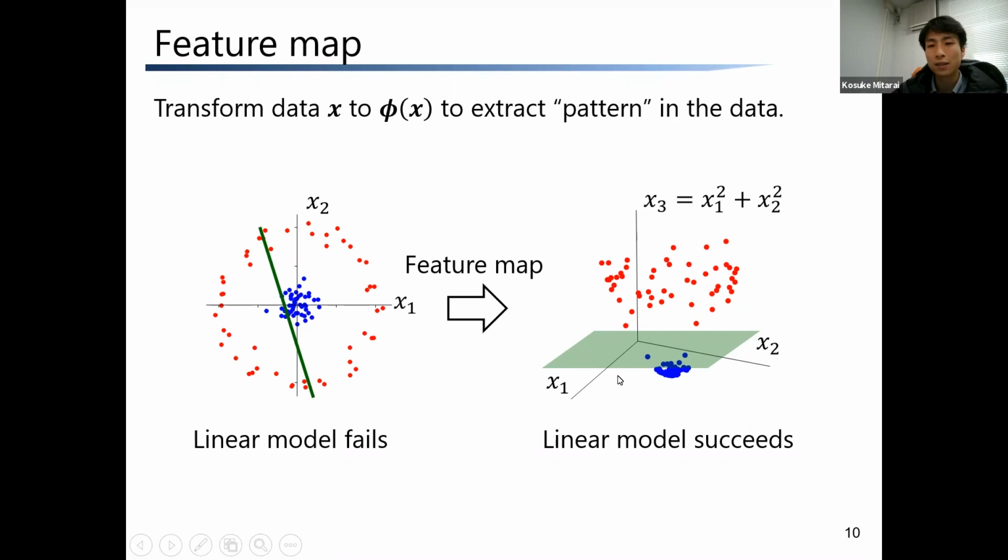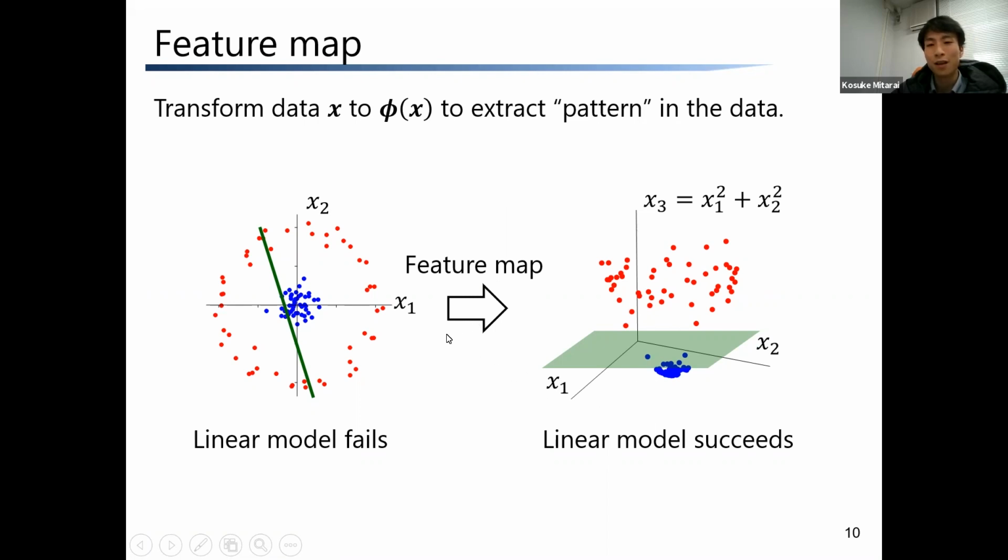So in this case, a linear model succeeds. So by going up to a higher dimension with a feature map, you can correctly separate the two data sets by a linear model.